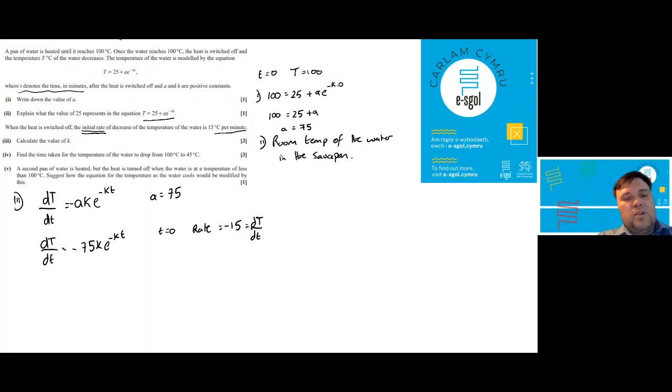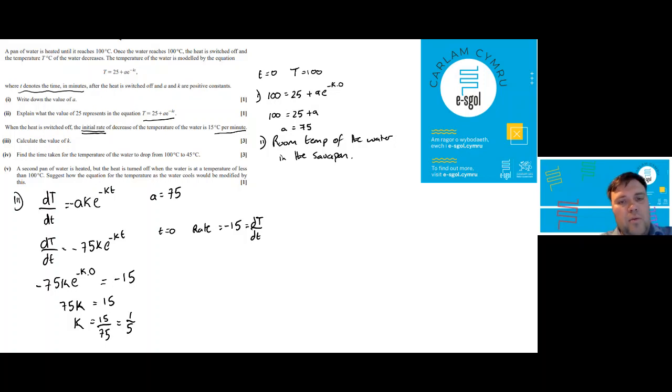If we put that into the formula, we have minus 75k e to the minus k times 0, because that's the initial rate again, equals minus 15. The minuses go, e to the naught is 1, so we have 75k equals 15, so k equals 15 over 75, which is equal to 1/5.